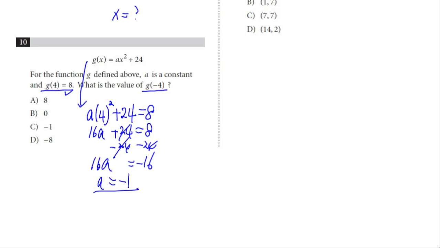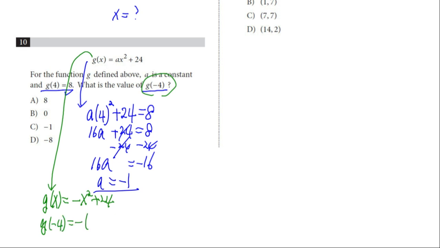Now using this information, we can update our equation. g of x equals negative x squared plus 24, right? Question asks us g of negative 4. So what is g of negative 4?